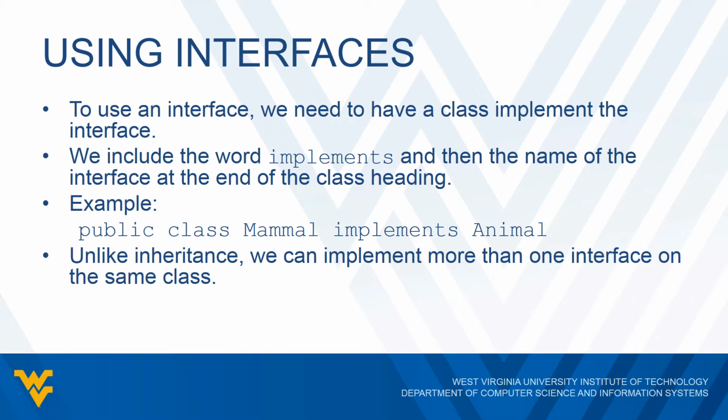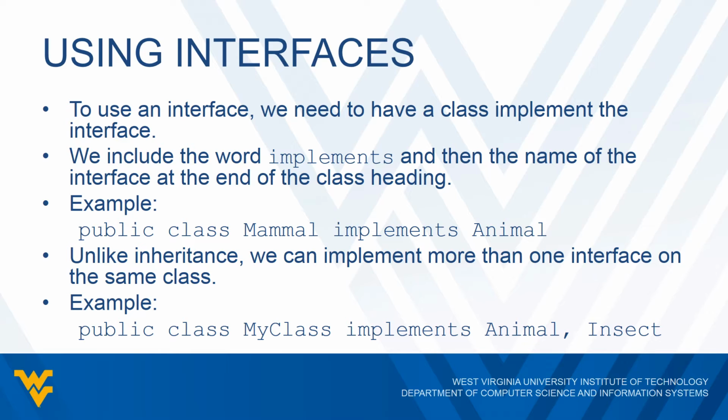But with an interface, we can implement as many interfaces as we want. So just to give an example, we can do something like public class my class implements, and then maybe animal, and then insect. Or maybe even more interfaces. So here we're assuming insect is an interface. All we do is we just separate all the interfaces with commas.